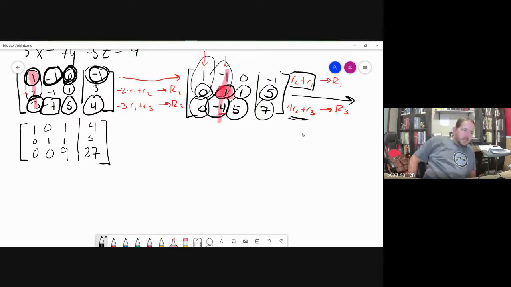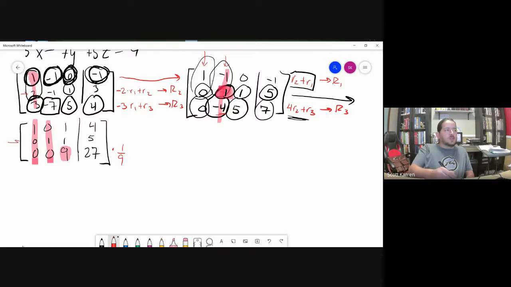Right. So you can see that this is starting to build. I've got 1, 0, 0, 0, 1, 0. The next thing I need is a 1 right there so that I can zero out the rest of that column. This is easy. The only thing that I can do here is multiply this by 1/9, or divide by 9 if you like, right?